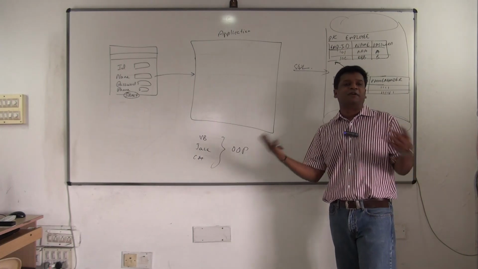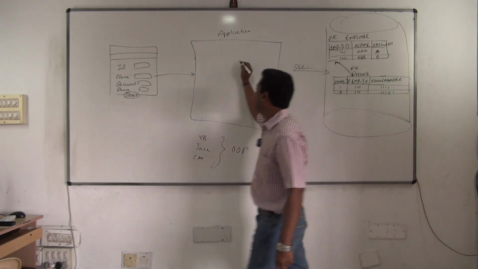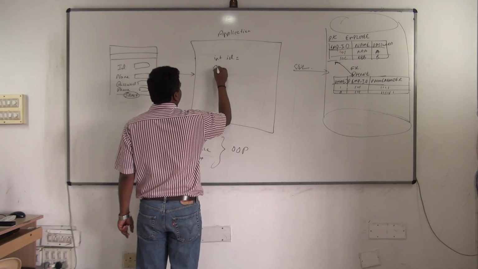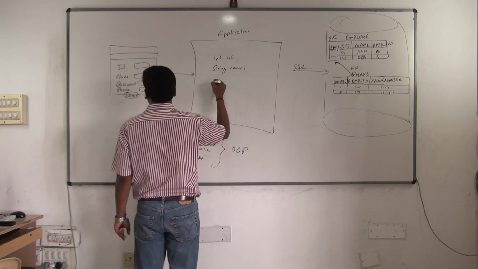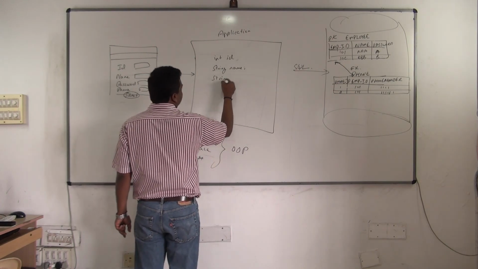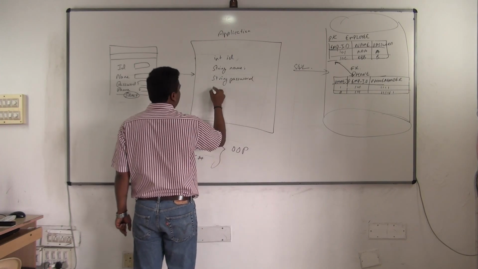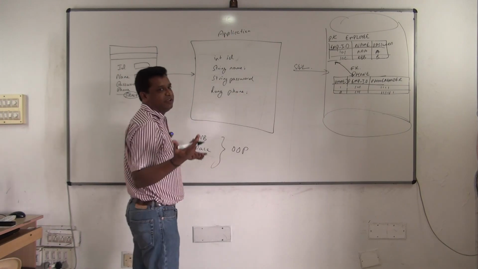One, you can use 4 different variables and store the data, like I told you: int ID, string name, string password, and long phone. So I can use 4 variables like this.